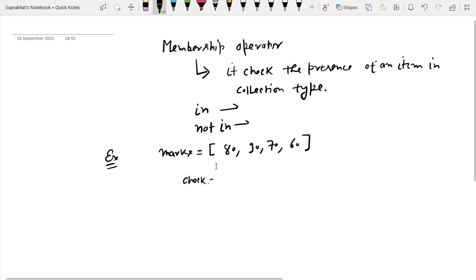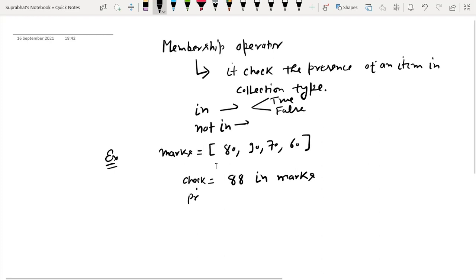I am using one variable, check, equals 88 in marks, where marks is a collection type, that is a list. Now I am checking whether 88 is in marks. You can see that 88 is not present in marks, so it will return a true or false value accordingly.